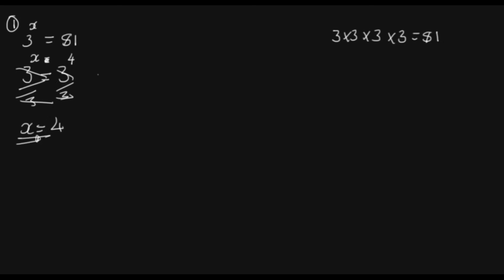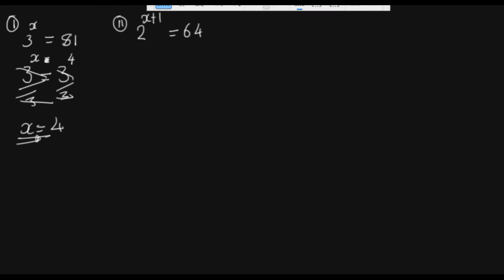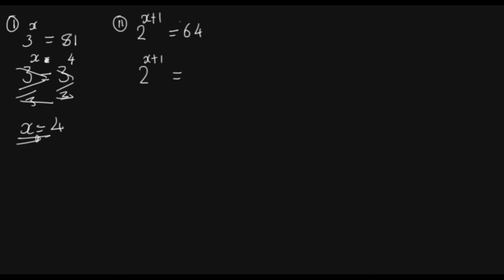Okay, let's look at another example. The second example here, we get 2 raised to the power x plus 1 is equal to 64. So try pause the video so that you can see if you can get this one correct. Now we are going to do the same. So here we are dealing with an equation where we have an unknown index. So we need to have the same base.